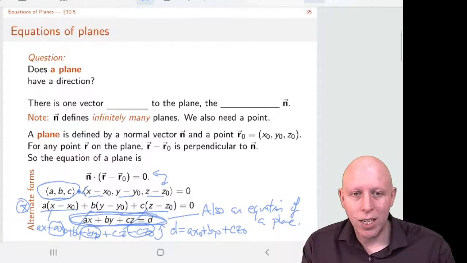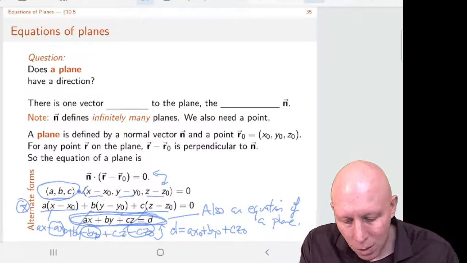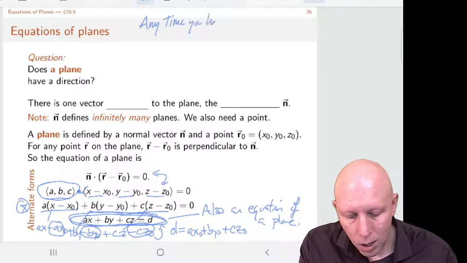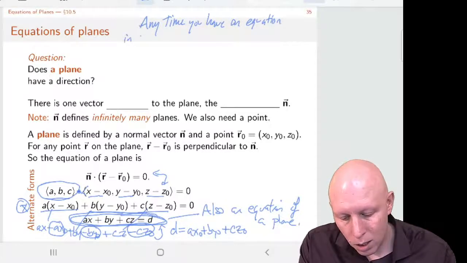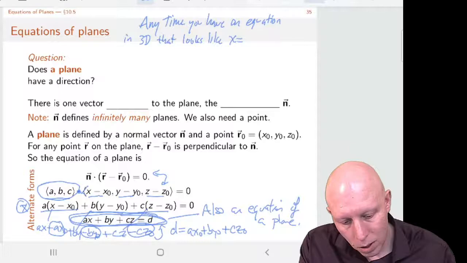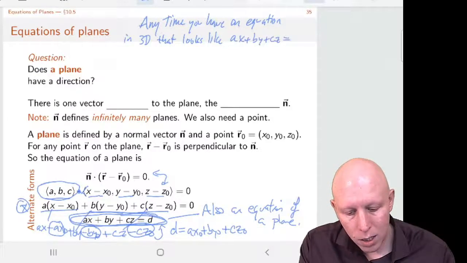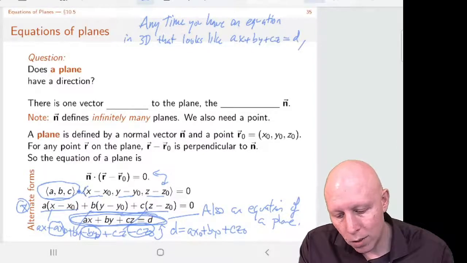What this is saying is, anytime you have an equation in 3D that looks like ax plus by plus cz is equal to d, that is the equation of a plane.